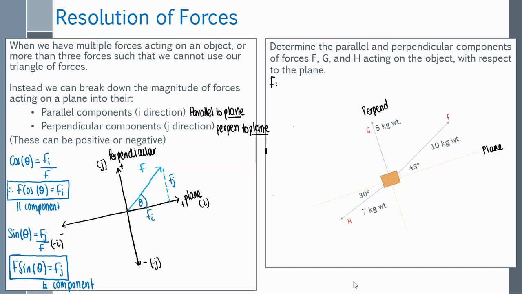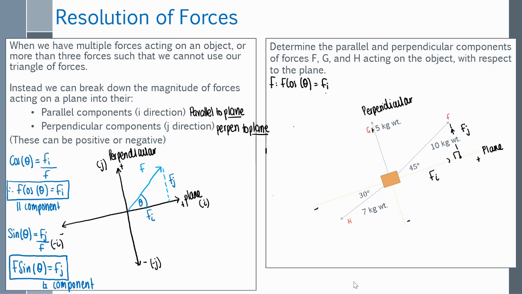The perpendicular direction is 90 degrees from the plane. We have the positive and negative directions of the plane, and the positive and negative perpendicular directions. Notice that for force F, I've put in my Fi component and my Fj component.